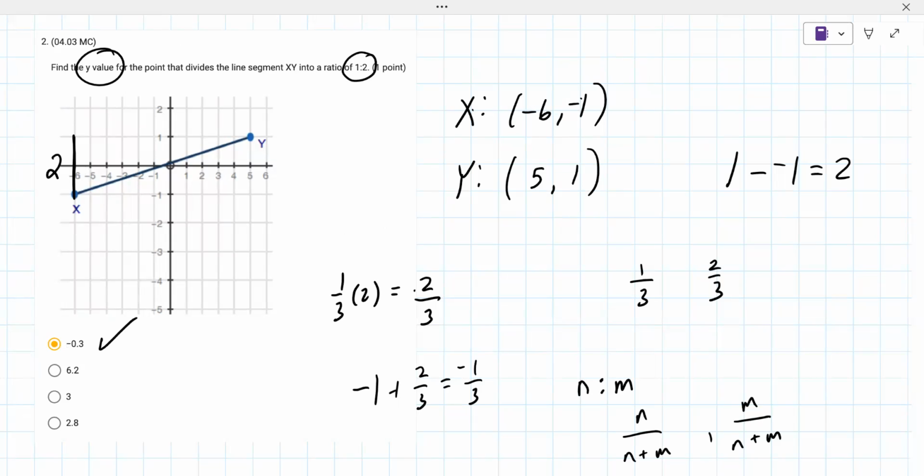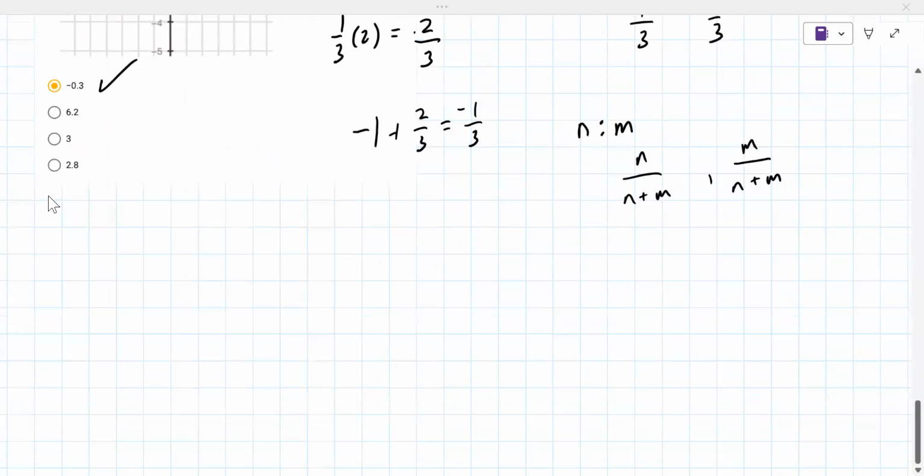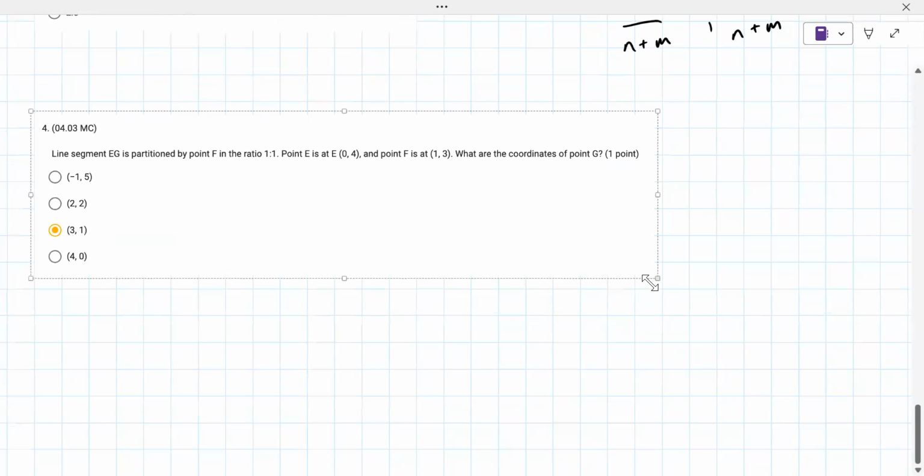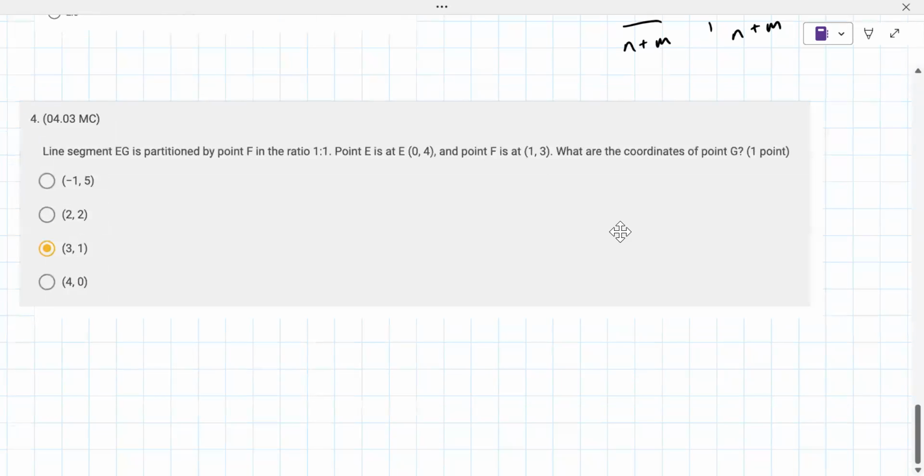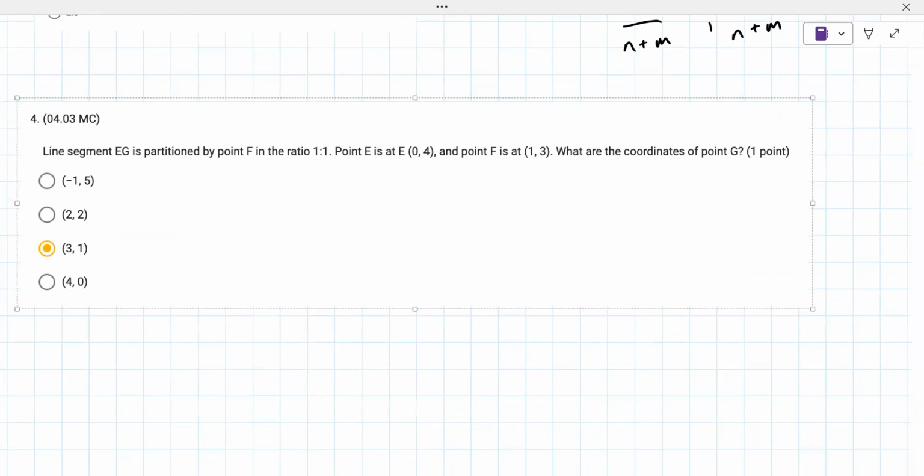All right, let's take a look here. Line segment EG is partitioned by point F in the ratio 1 to 1. So a ratio of 1 to 1 is exactly halfway, in the middle.